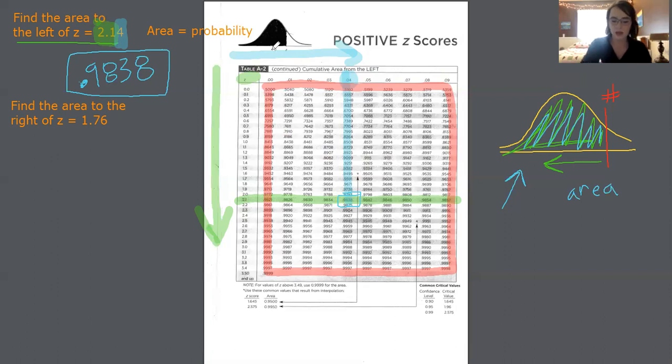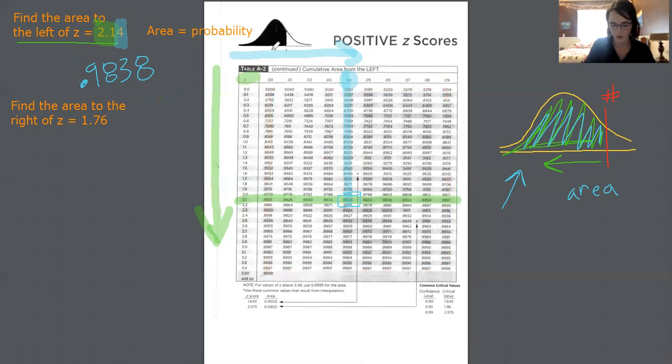In this case, you would do the exact same thing, just in context. You would say that this is a probability instead of an area because it's the same thing. That just depends on the context of the problem.